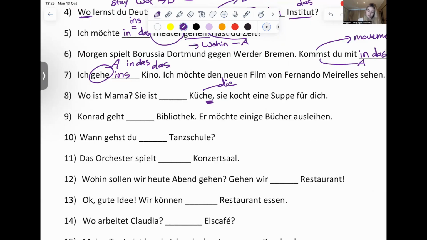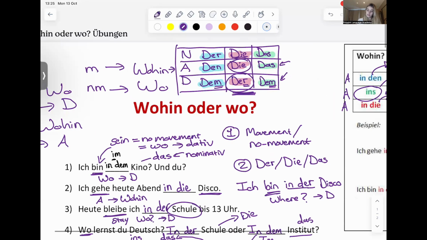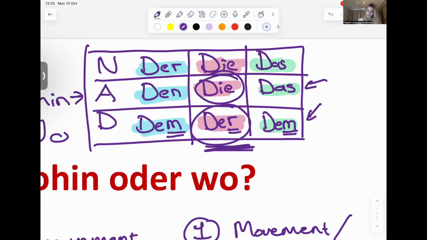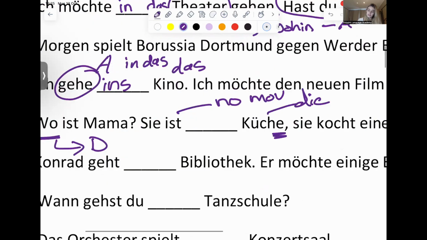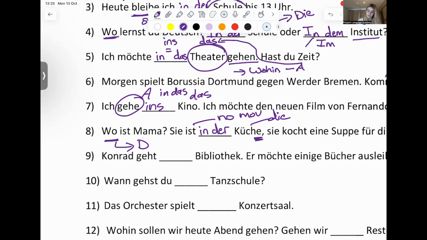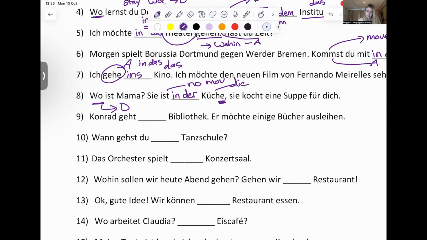So this wo already shows us it's dative, and this ist shows us there's no movement, which obviously is also dative. So what does die change to in the dative case? So here it is. Die, der. Wo ist Mama? Sie ist in der Küche. Okay, she's cooking a soup for you.